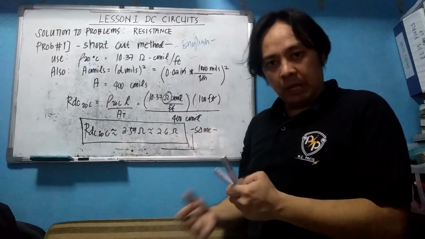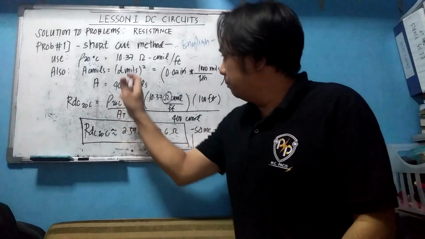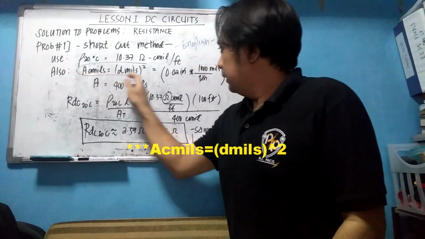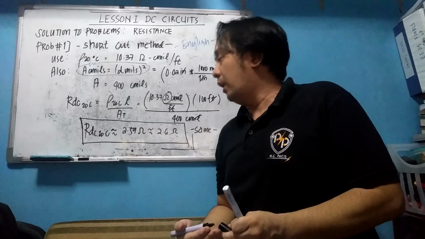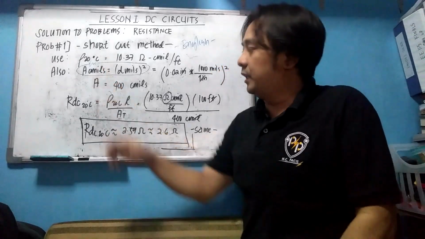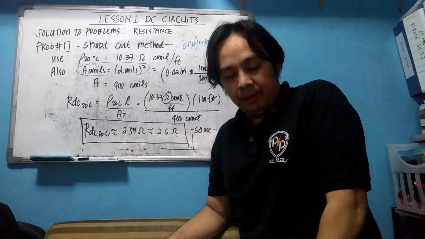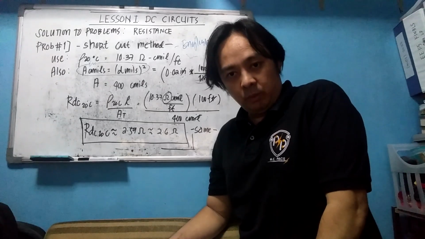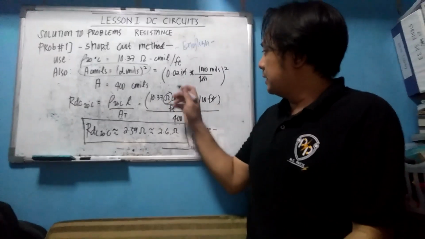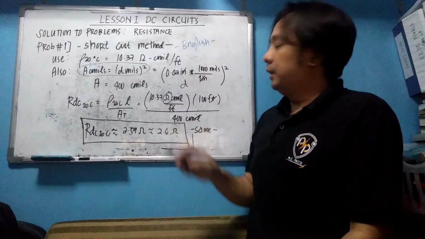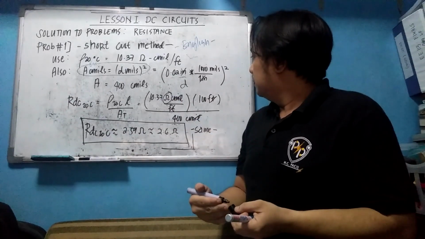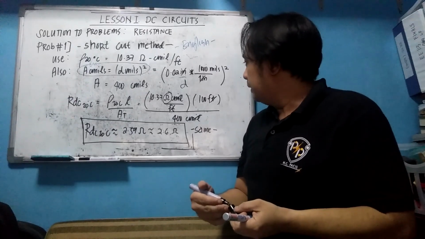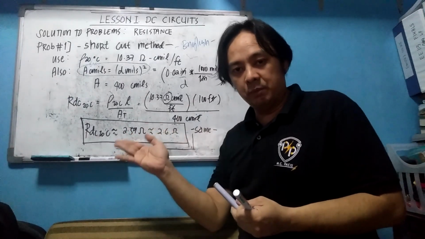Since we have a round conductor, we can assume that the copper is round. So the area in circular mils can be obtained from the diameter in terms of mils squared. What you will do is convert the diameter, 0.02 inch, to mils squared, and that will become circular mil.